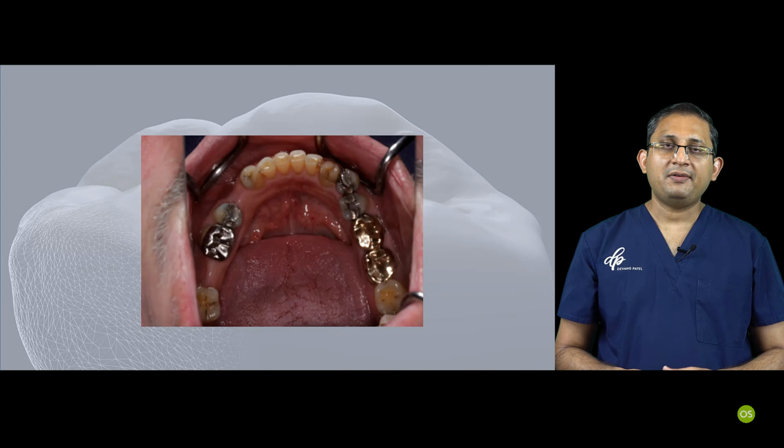So we decided not to do anything to them and to work around them, because in the lower arch the curve of Spee wasn't too bad, and we were able to manage that, keep it flat and work with the upper arch alongside it. The missing teeth were restored with implants.